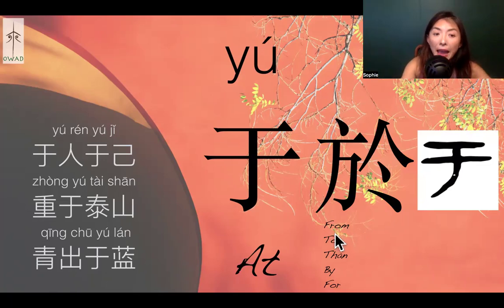Therefore, it comes out from the blue. So now we give you different scenarios to use this same character, depending on the context. When we see 青出于蓝, it means this color of 青 originated from 蓝 because it's a blend between blue and green. It's the color of life, right?